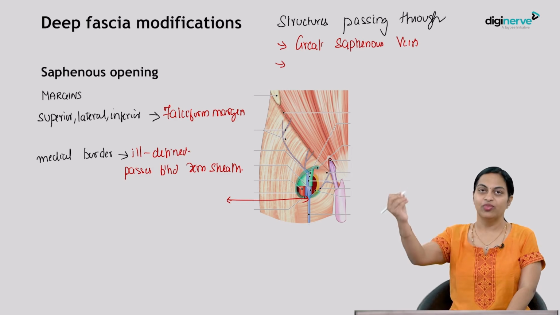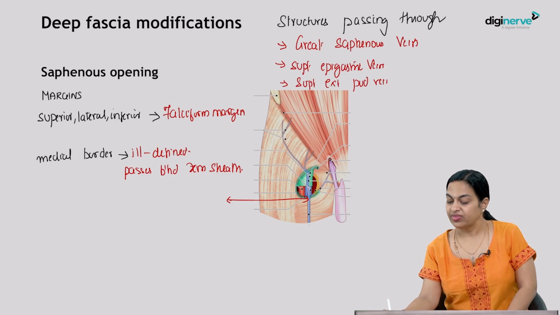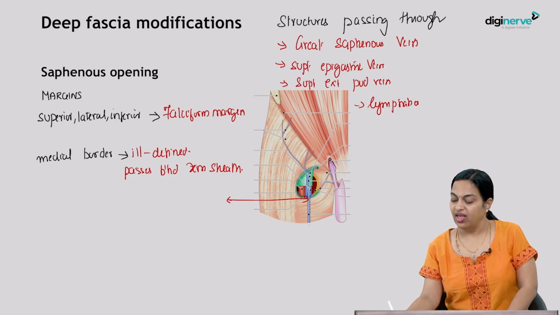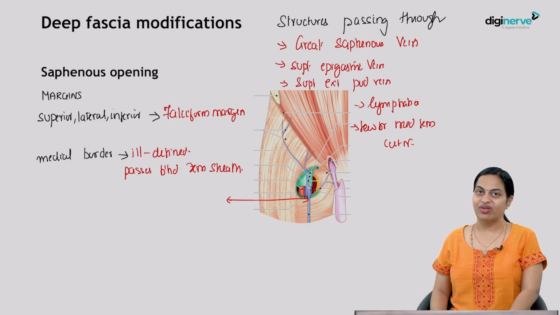And the tributaries, superficial epigastric vein and superficial external pudendal vein. Lymphatics and a few branches of the medial femoral cutaneous nerve. They pass through the saphenous opening.